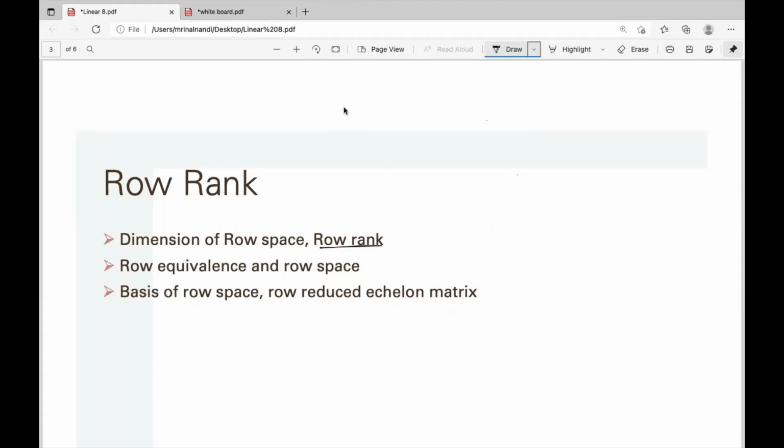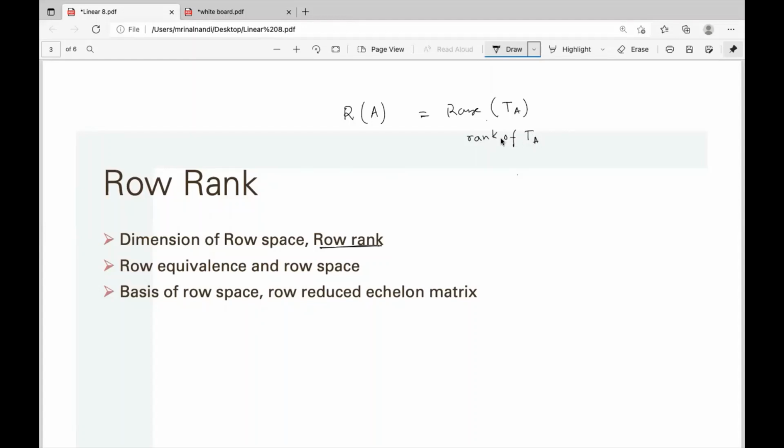So the row space, say R of A, is the same as the range of TA, where TA of X is X into A. So the row space is the range of TA, and the dimension of this row space is the same as the dimension of the range, and this is called the rank of TA, the rank of the linear transformation.